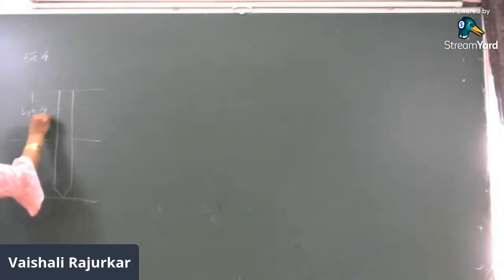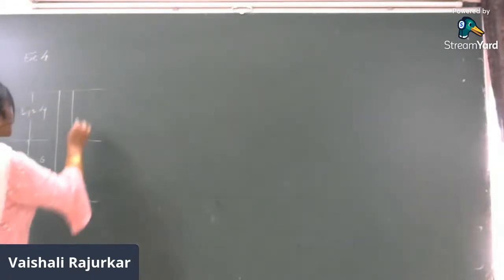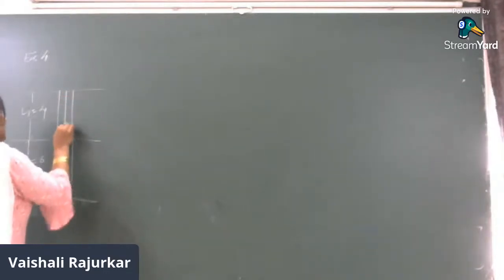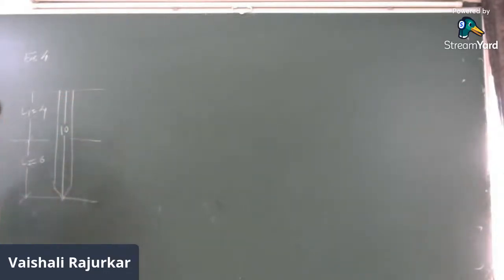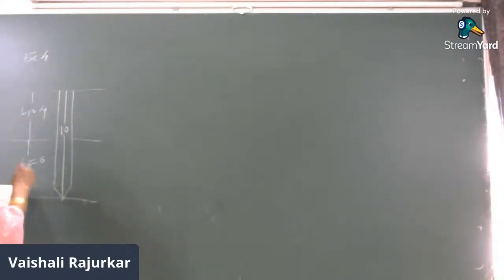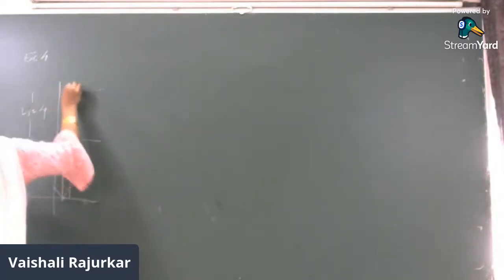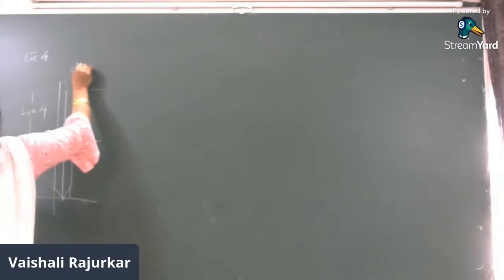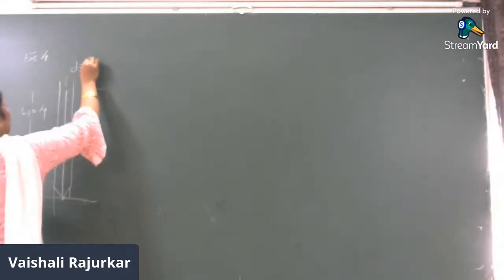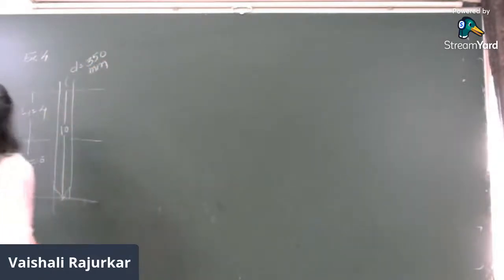L1 is suppose 4 meter and L2 is 6 meters, so the total depth of the pile is 10 meters, right? The diameter of pile is given as D equal to 350 mm.